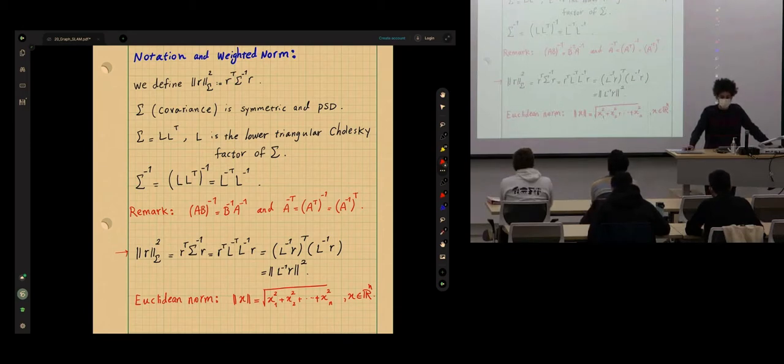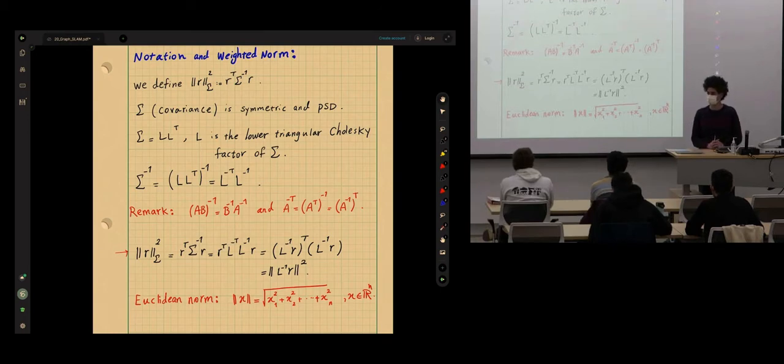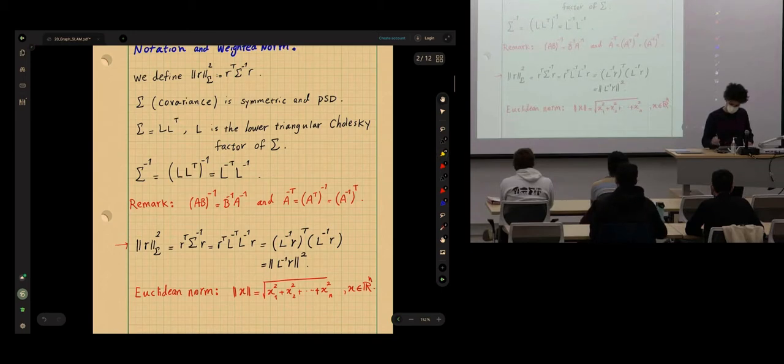Therefore, this is equivalent to the Euclidean norm when we weight the residual, or the vector inside of the norm, with the inverse of the Cholesky factor of the weight matrix. Now, the previous one would lead to a weighted least squares problem, but if you apply the weights, this is just the standard least squares problem with no weights. So that's a remark for this notation.